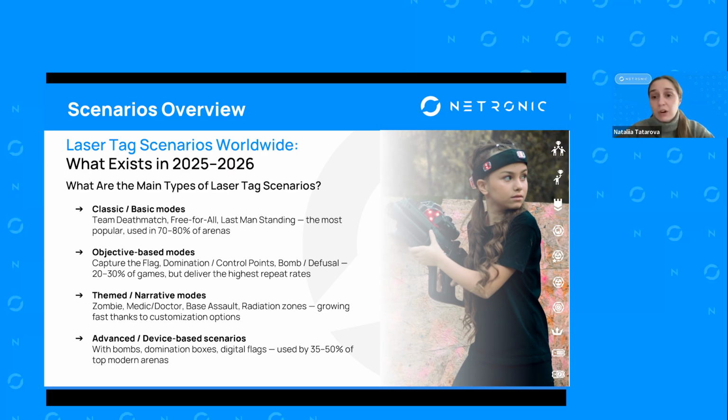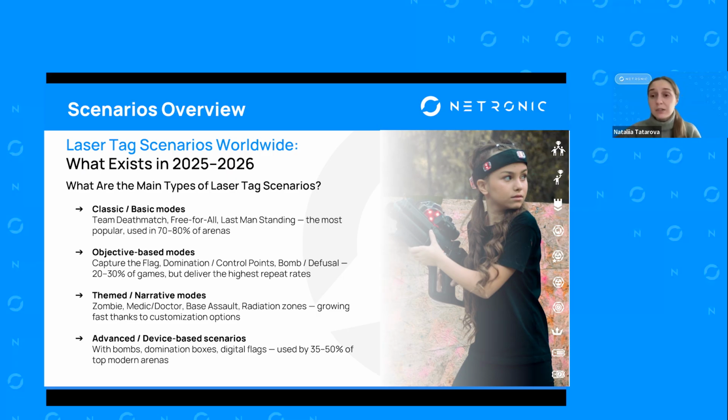That can be free for all, or deathmatch, where everybody stands for themselves. These are considered the foundation of the industry, and probably 70 to 80% of arenas use these scenarios because they're very easy to understand and simple to incorporate in your laser tag business.